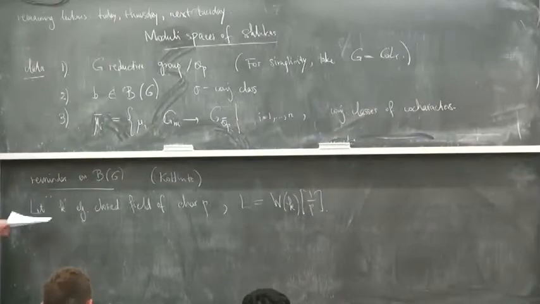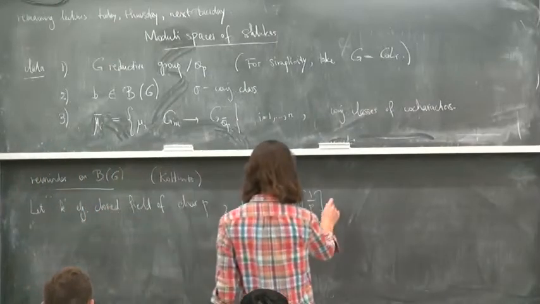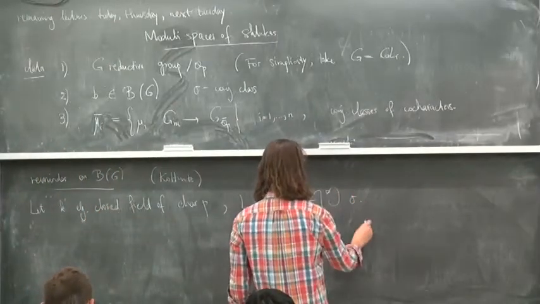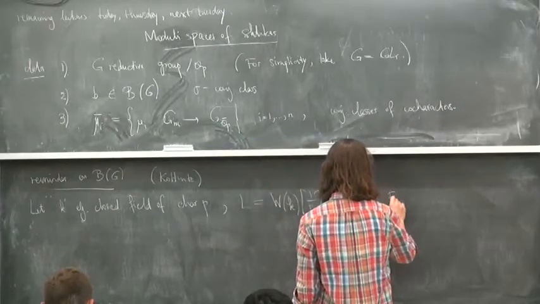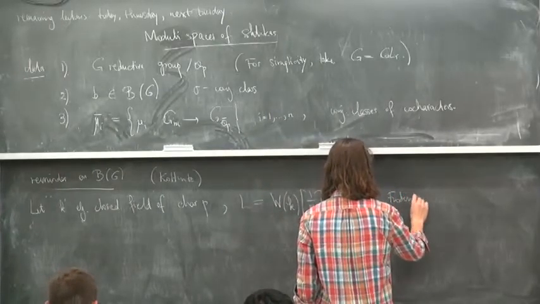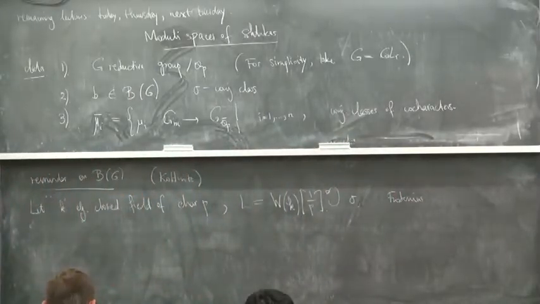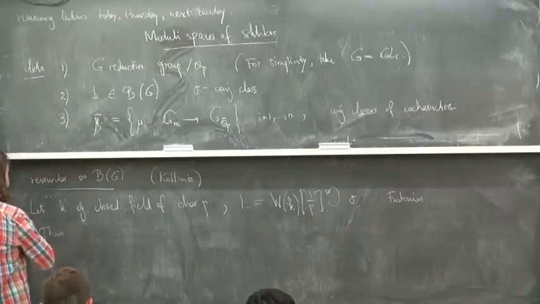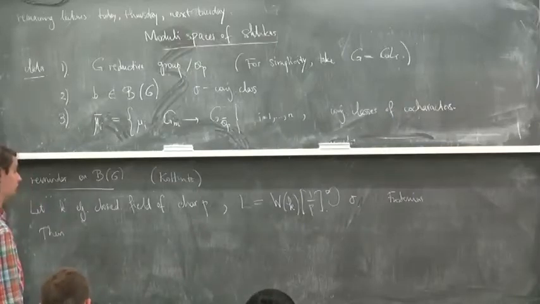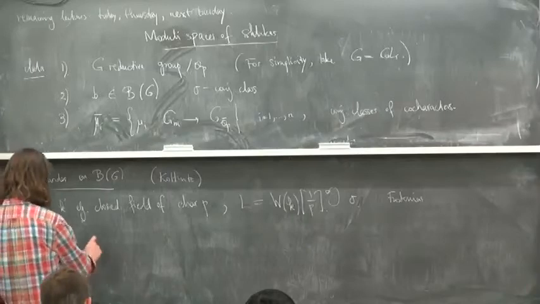And so the absolute Frobenius on k induces sigma on L. And then you get an action of the group, the L-points of the group, on itself via what's called sigma-conjugation.